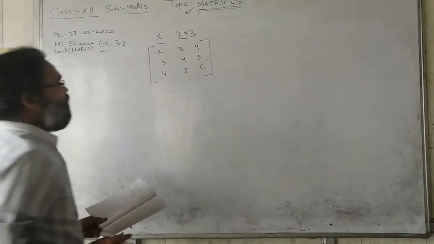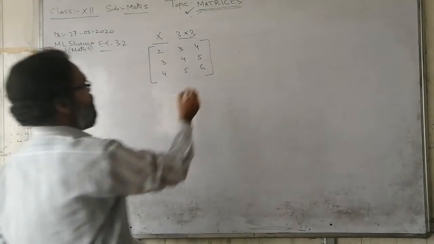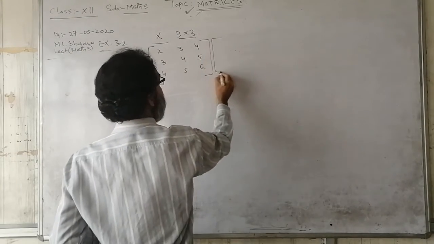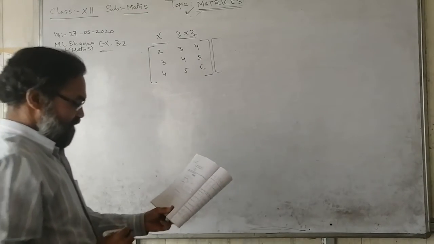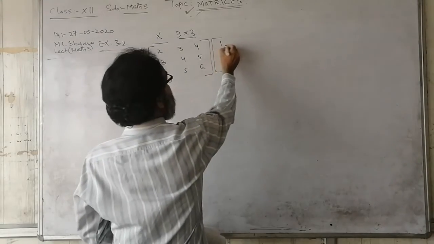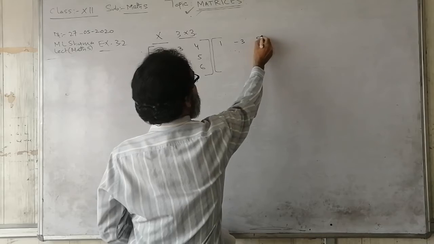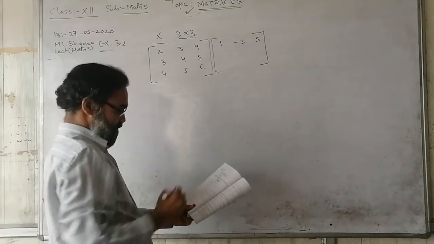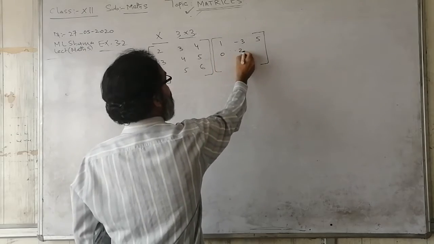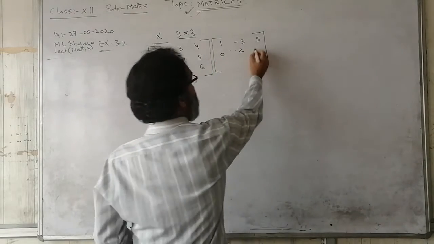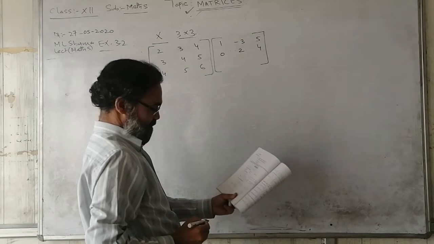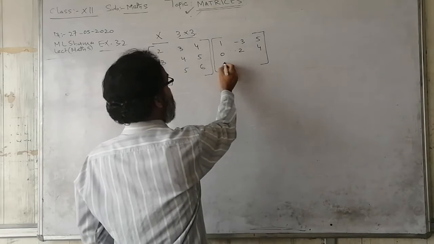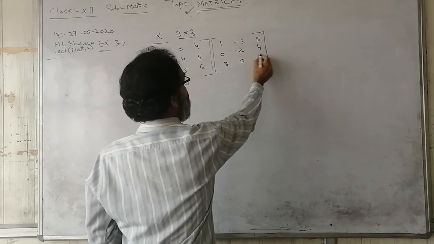This is one of the matrices. The other is 1, minus 3, 5, first row elements 0, 2, 4, and third row elements 3, 0, 5.